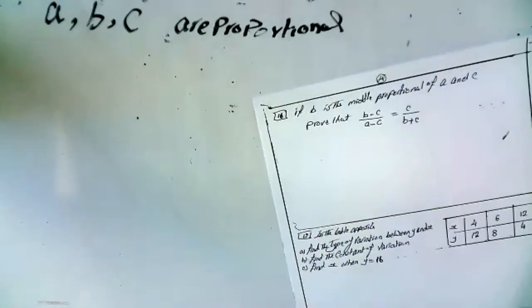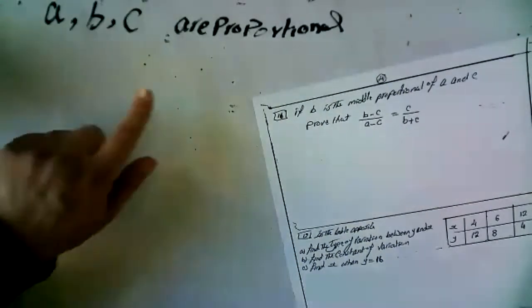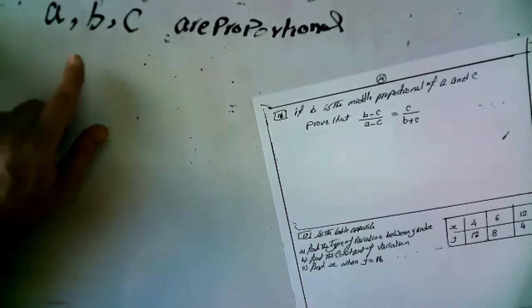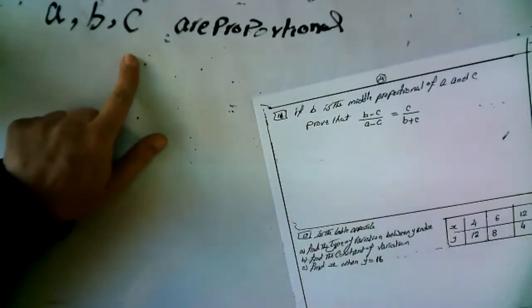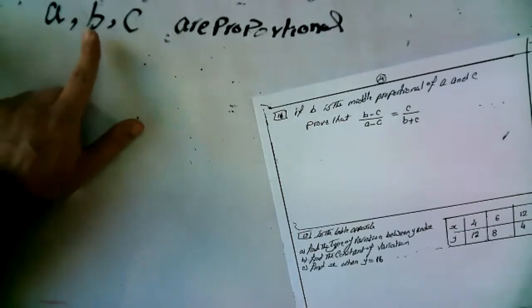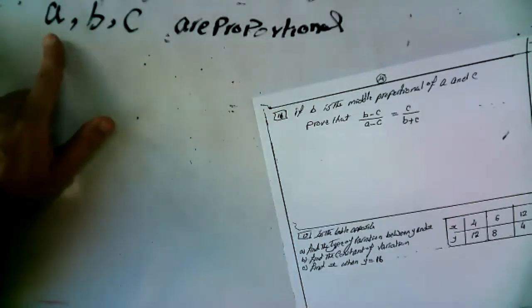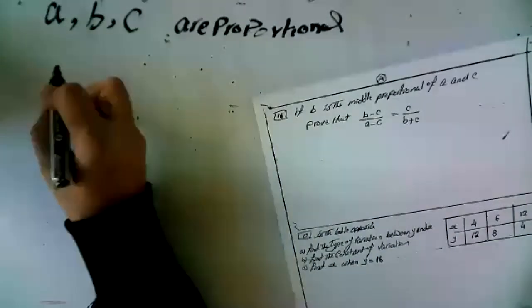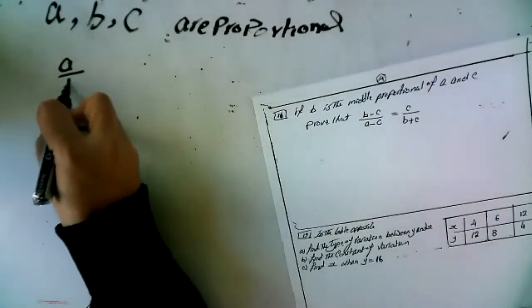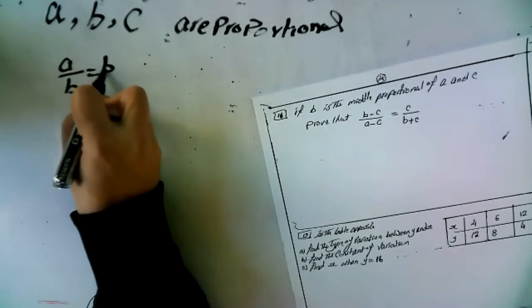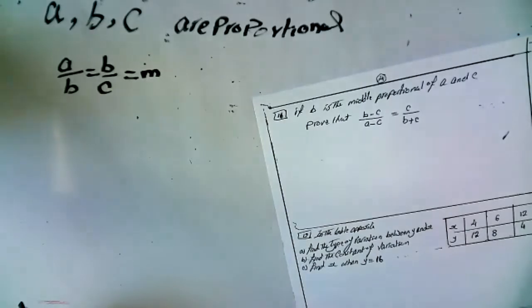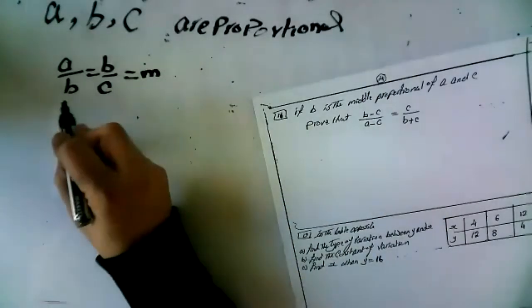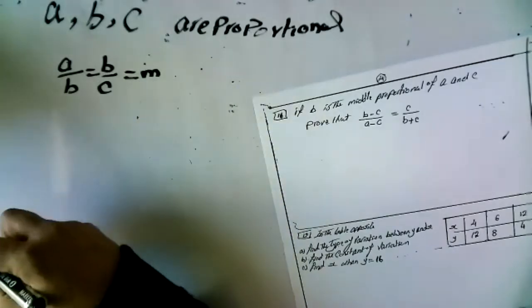A, B, C are three quantities in proportion, then this type of proportion is continued proportion because we have three quantities only. B is the middle proportional of A and C, then A over B equals B over C equals M.